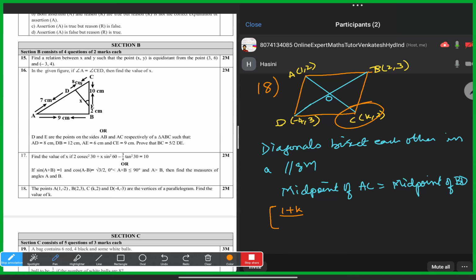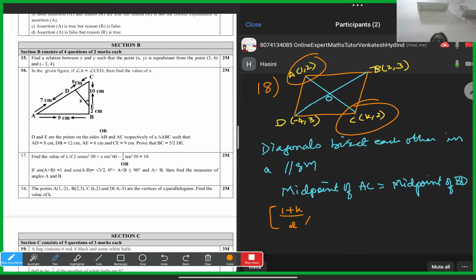In exam, you need to write the formula beside. So tell me: (1 plus K) by 2, comma, and for y, 2 plus 2 by 2.